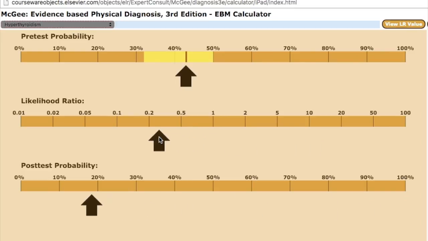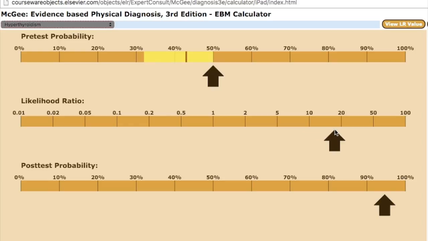The negative predictive value of fine finger tremor also significantly alters the way you think about it. If you're 50% sure that the patient's hyperthyroid and they don't have a fine finger tremor, then now you are just over 20% sure. That's less than half as sure as you were before.